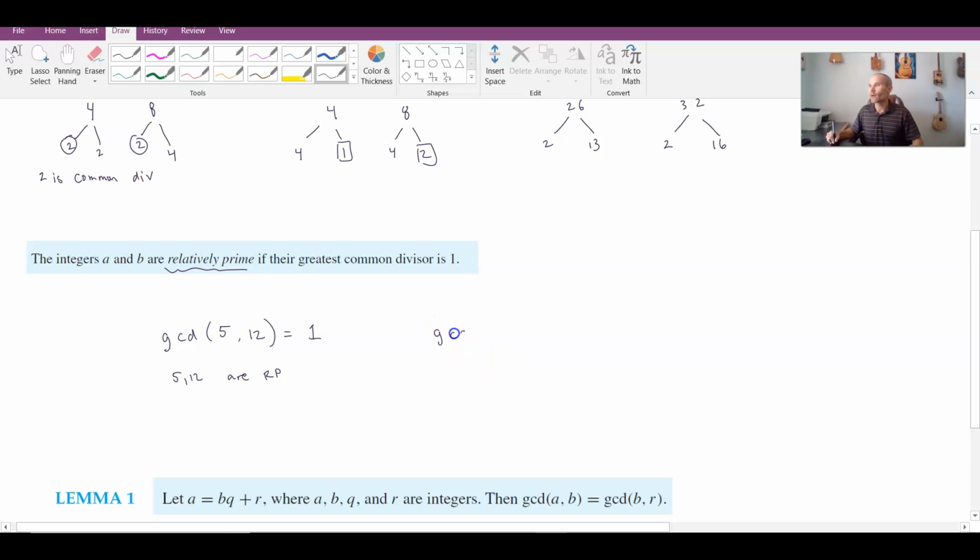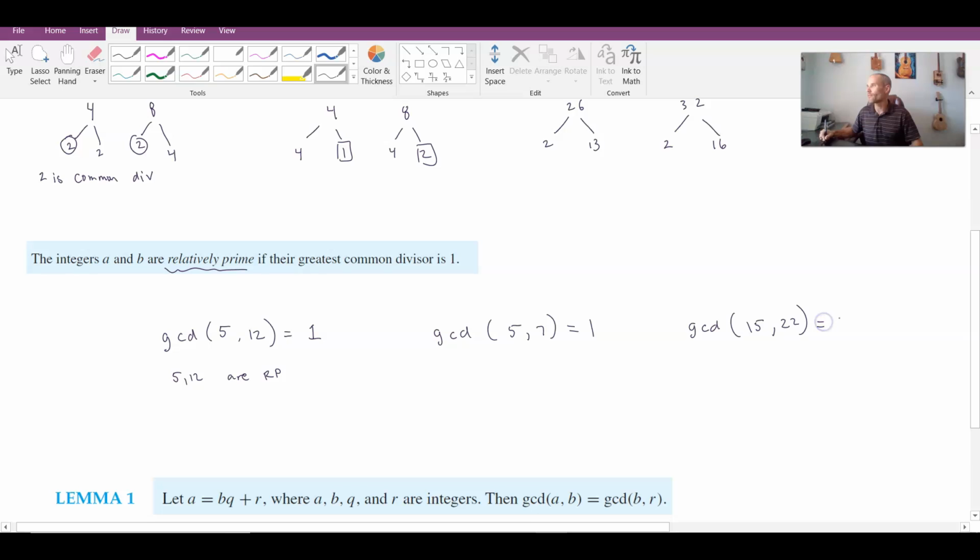Another example of that could be where both the numbers are prime, like 5 and 7 are considered relatively prime. In fact, 5 and 7 are both prime. And there are cases where neither of the values is prime. So the GCD between, say, 15, which is not prime, and 22. Well, the factors of 15 are 3 and 5, or 15 and 1. The factors of 22 are 2 and 11, or 22 and 1.